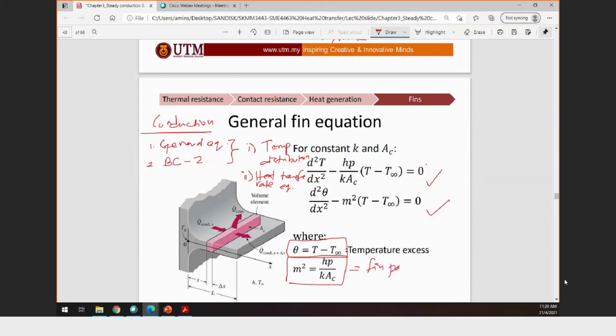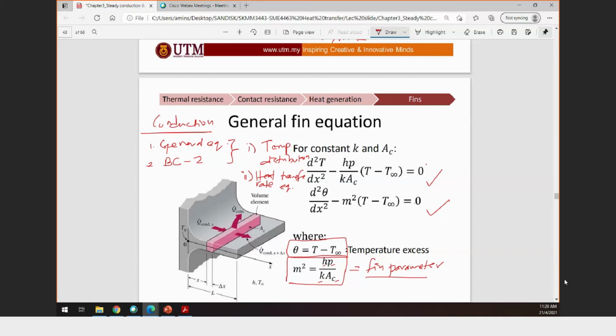Some books use it as just a simple form that relates the properties of the surrounding to the properties of the fin, in terms of thermal conductivity and the perimeter. Some call it a fin parameter, but not always. I just want to give it a familiar name so that you know that M is a fin parameter.